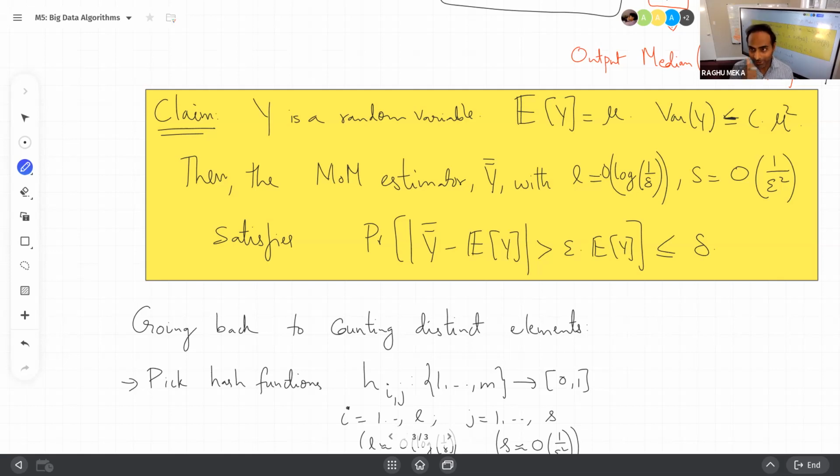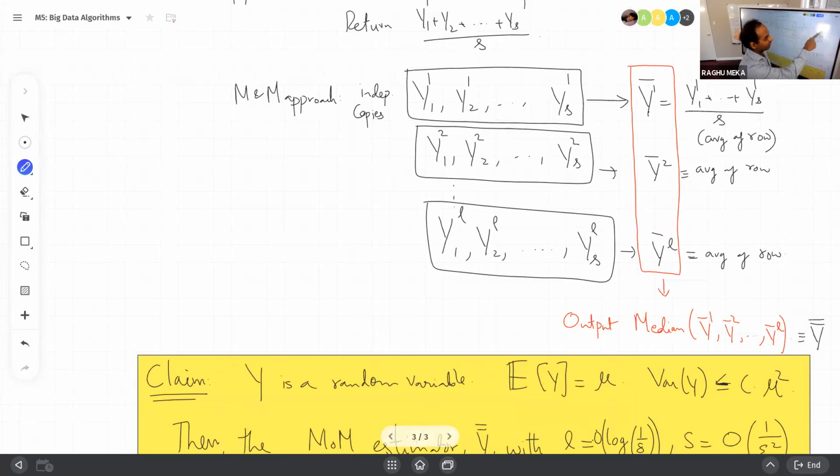And the intuition, the reason we're gaining something, is that the initial averaging over the rows gives us reliability which is like maybe 3/4. It says that probability that you're wrong is like 1/4. As long as you can push it down below 1/4, taking the median will help, right? So if your answer is only correct 50% of the time, then taking the median is not going to help, because the median could be the wrong answer.